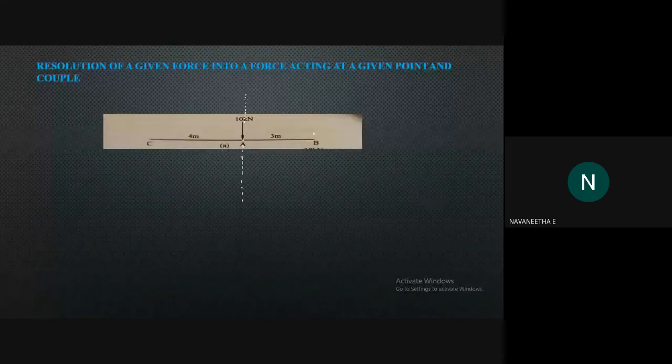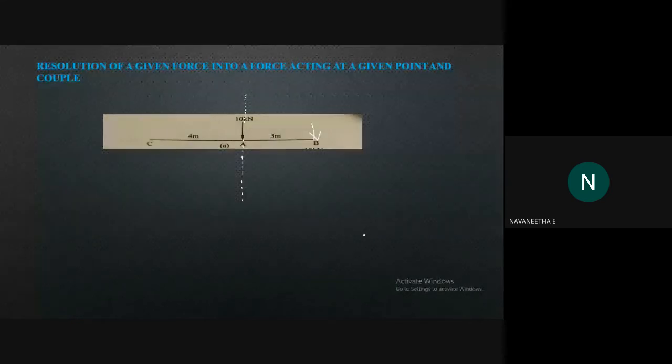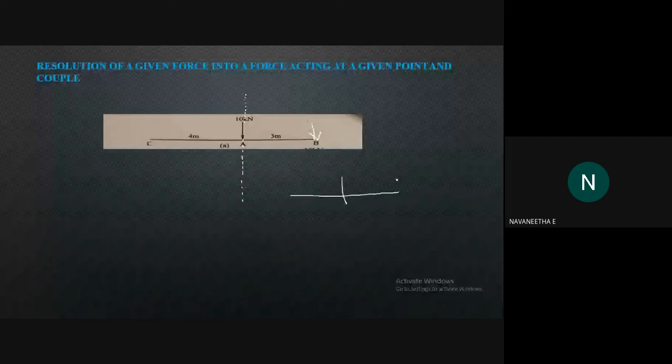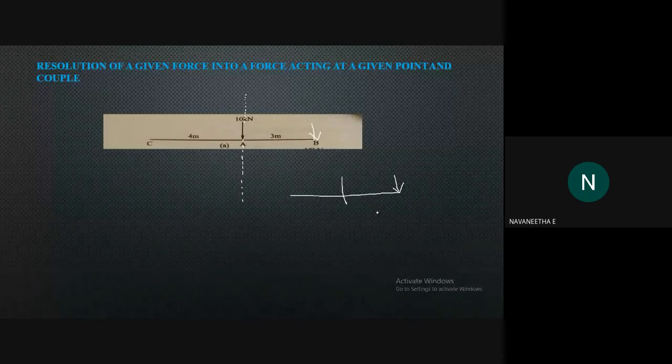Is it possible to move the 10 kilonewton to point B? In the next step, I am going to transfer the force 10 kilonewton from point A to point B. Is it possible, or will the entire system become disordered?